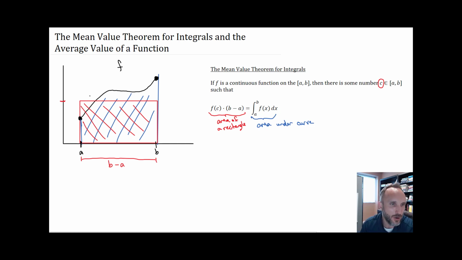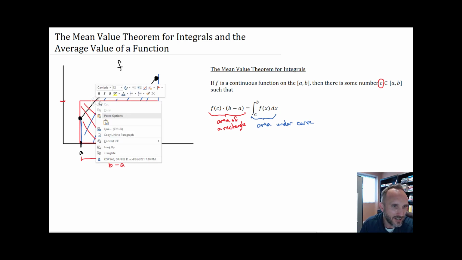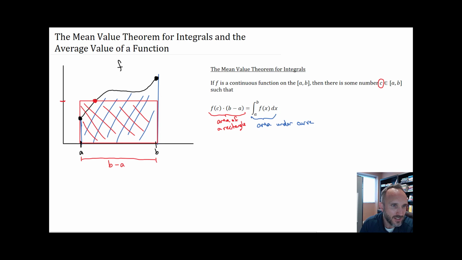And if we notice that, that's right here. See, the function intersects the height of this rectangle at that point. So what that means is the c that the mean value theorem guarantees existence of is this input right here.